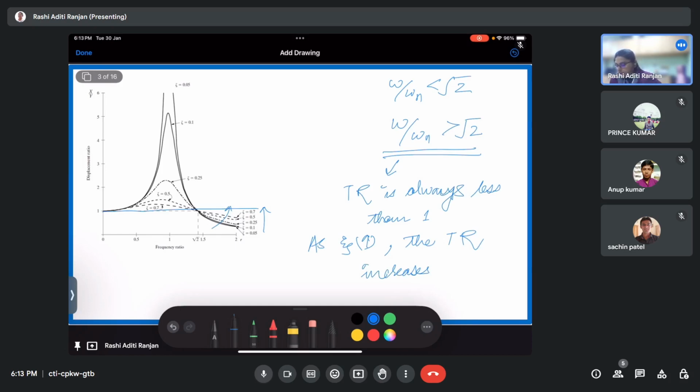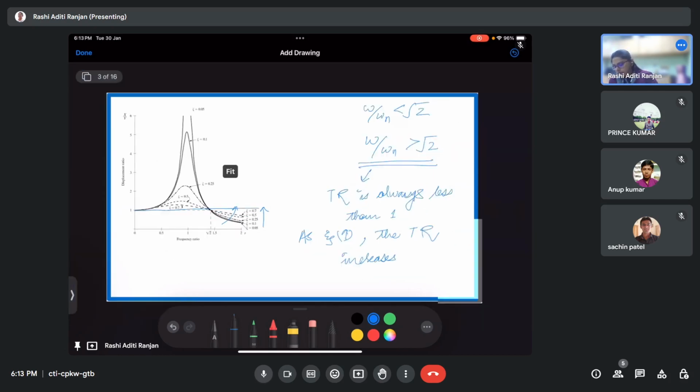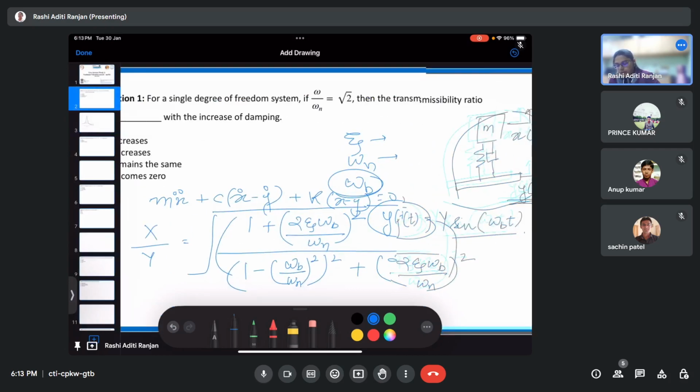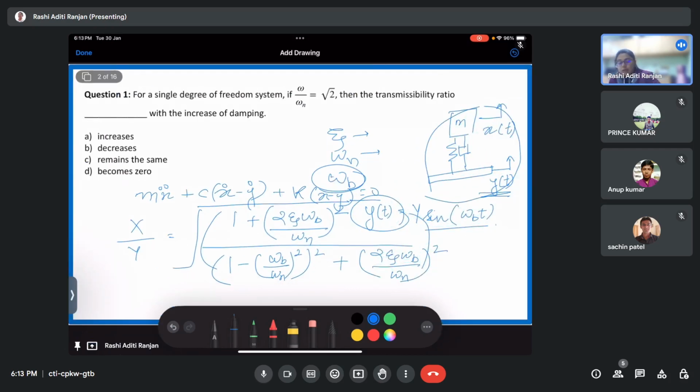So this is the case. Now, the system that I showed you earlier, this system, is essentially a model of a vibration damper. Okay, so here the source vibration is modeled as y of t.